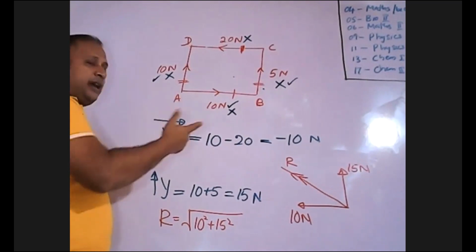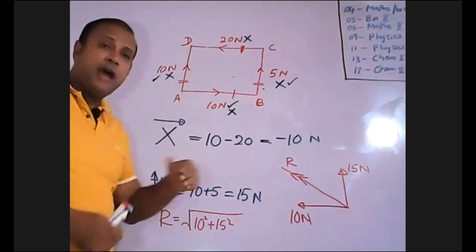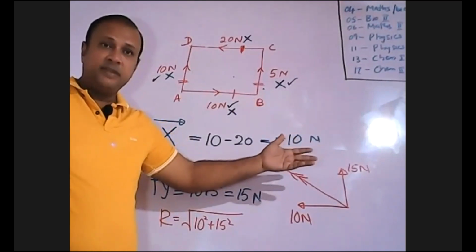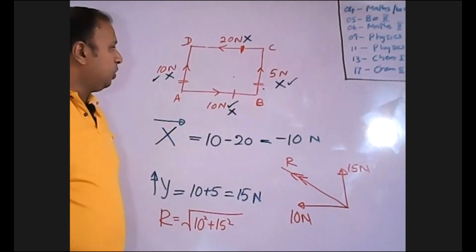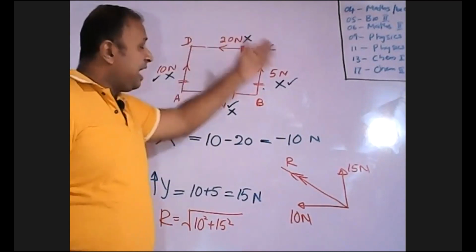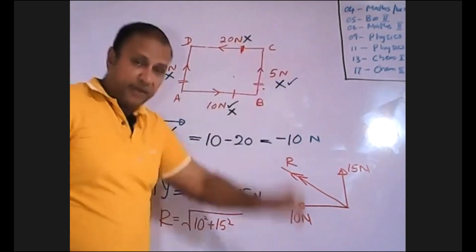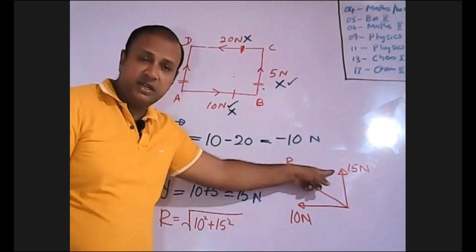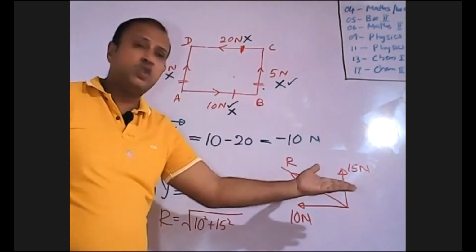So if you are given this kind of question, you have to go to another method, that is vector resolving method. So the entire vector system can be reduced into two perpendicular forces using vector resolving method.